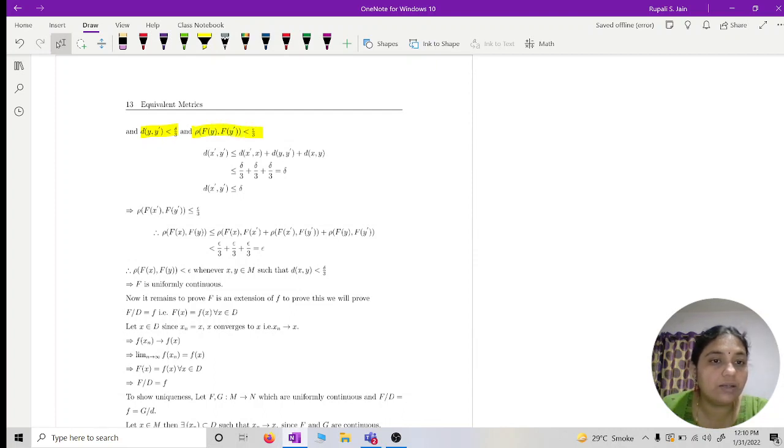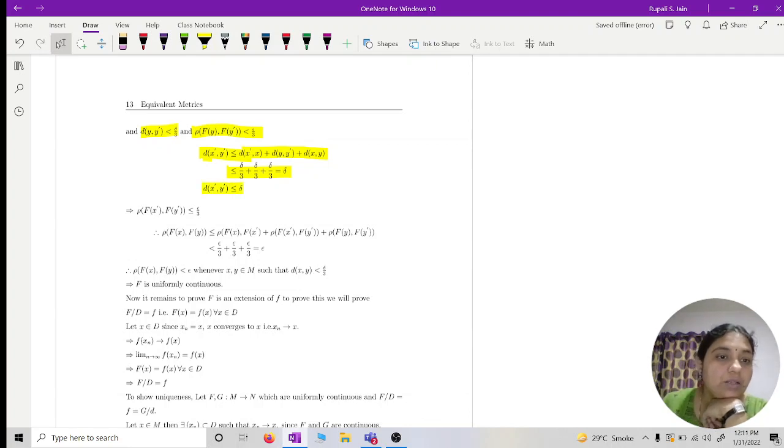Now calculate d(x', y') by using the triangle inequality. We can write d(x', x) plus d(x, y) plus d(y, y'). Using metric properties, it will be less than delta by 3 plus delta by 3 plus delta by 3, which means less than delta.